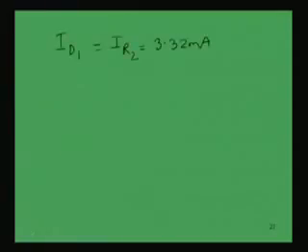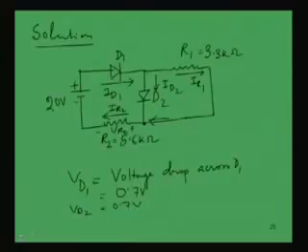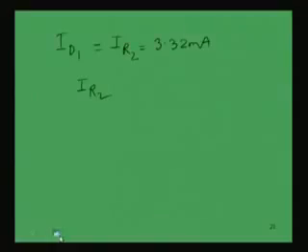So, if we follow this rule that entering current and leaving current have opposite signs, this leaving current is positive IR2, and entering currents IR1 and ID2 are negative. Then we get IR2 minus IR1 minus ID2 equal to 0.